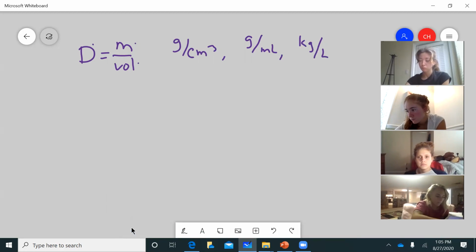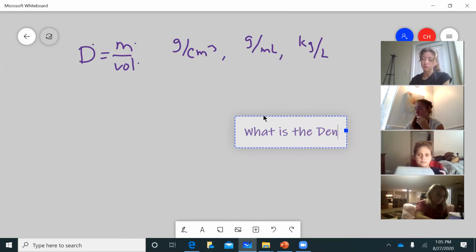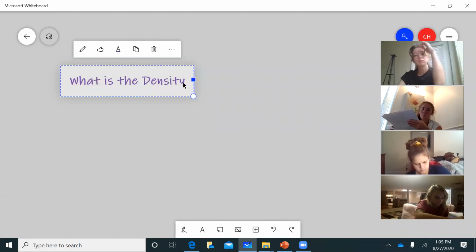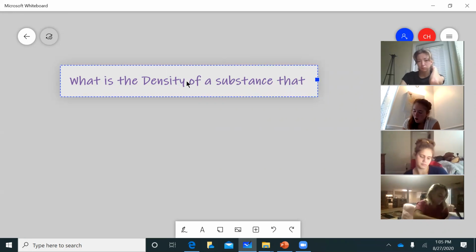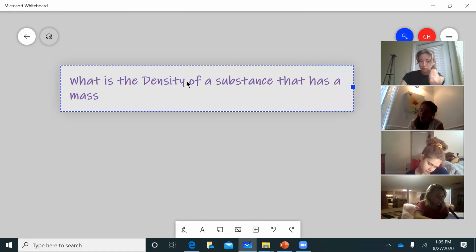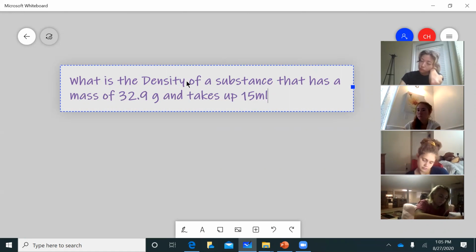So let's do a problem. What is the density of a substance that has a mass of 32.8 grams and takes up 15 milliliters?